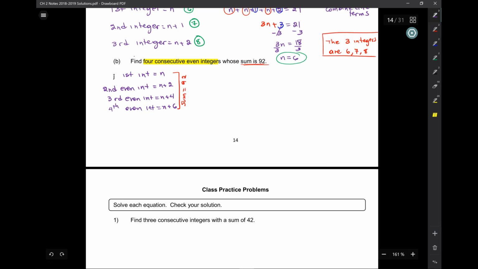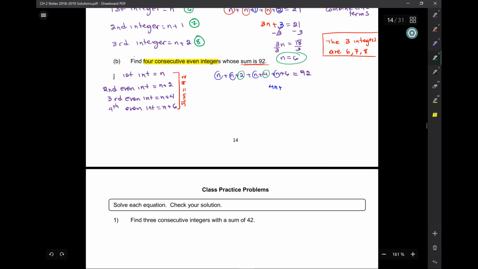So if I add all these, the sum is 92. All right? So you see how I'm talking it out. So the first number, the second number, the third number, and the fourth number is equal to 92. All right, let's combine like terms. 1n, 2n, 3n, 4n.